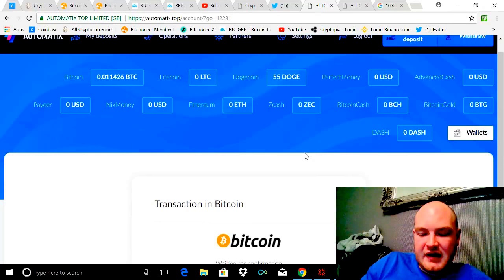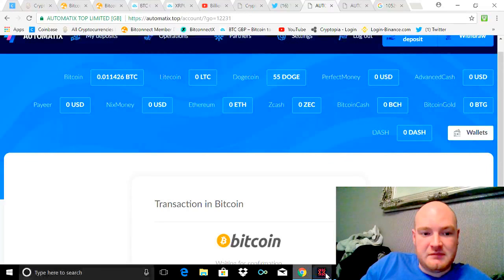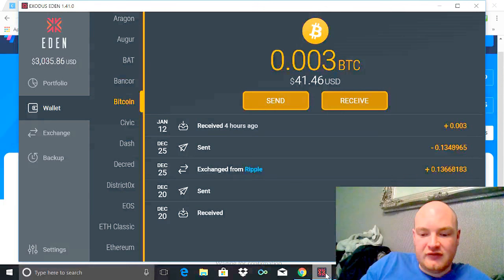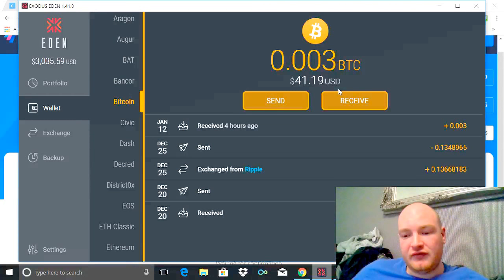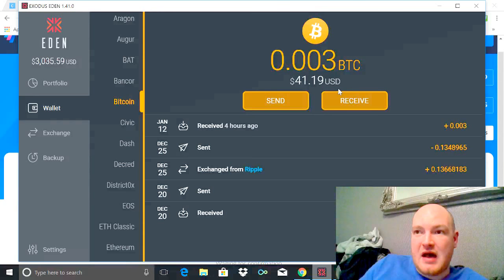Also, another thing, I recently withdrew some of my BTC, just the lowest amount of 0.003. I was quite surprised actually, because I basically withdrew the money. I went to the toilet, I came back, and the funds were in my Exodus Eden wallet.